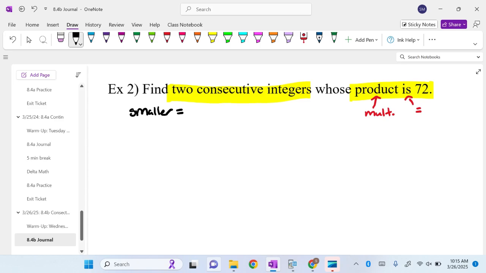N. So our smaller integer is going to be represented by n. Now, the next one up, or our larger one, we will represent as what? Not n plus 2, because we're not trying to find even or odd, just consecutive. N plus 1. We just want the next number after n.